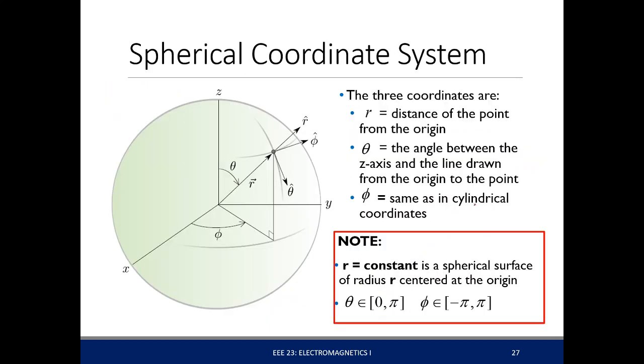Okay. So aside from having a cylinder, a sphere can also be used as a coordinate system. So what use is the sphere for us? Well, actually, the sphere is more of a convenience for higher physics.